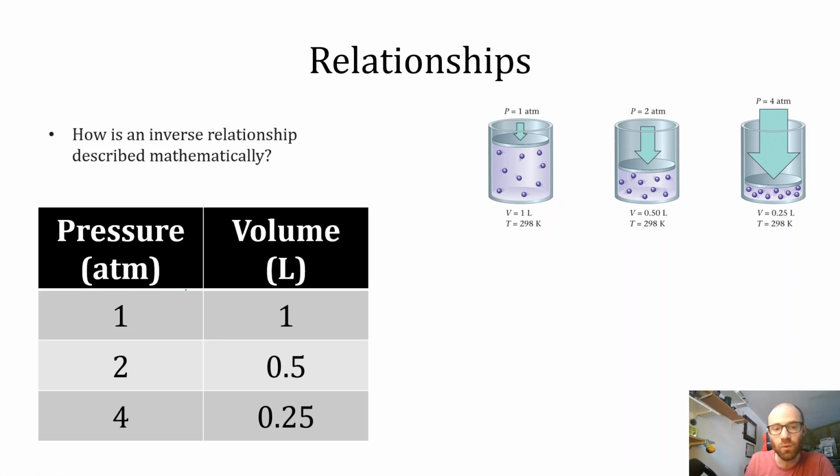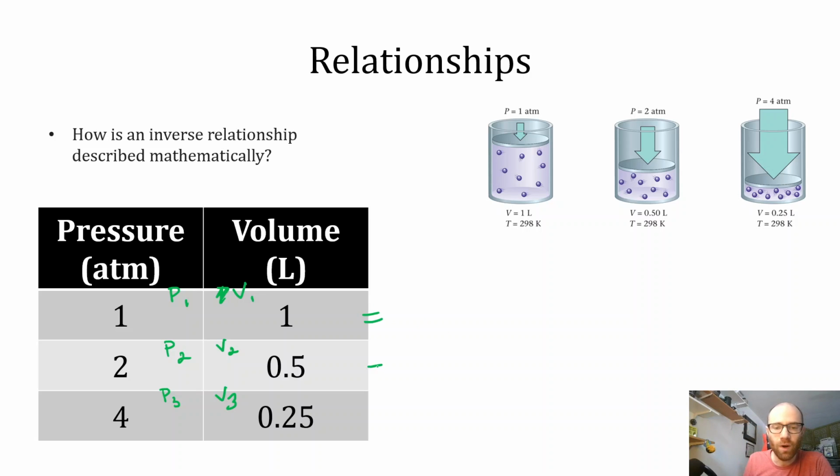We can call this P1 and V1, this is P2 and V2, and this is P3 and V3. These subscripts just refer to different times. So at time 1, there's a certain pressure and volume. We increase the pressure, the volume is seen to decrease. There's our independent-dependent variable.